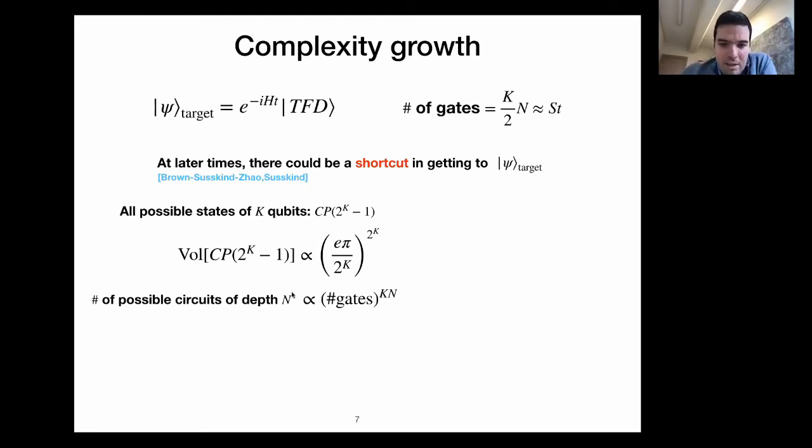So the statement then is that if you have a deep enough circuit so that you can have all states formed by circuits of that depth, then you have reached maximal complexity. Complexity cannot go further because there will be a circuit that gives you a shortcut. And because of this, maximum complexity is expected to scale like the dimension of Hilbert space.